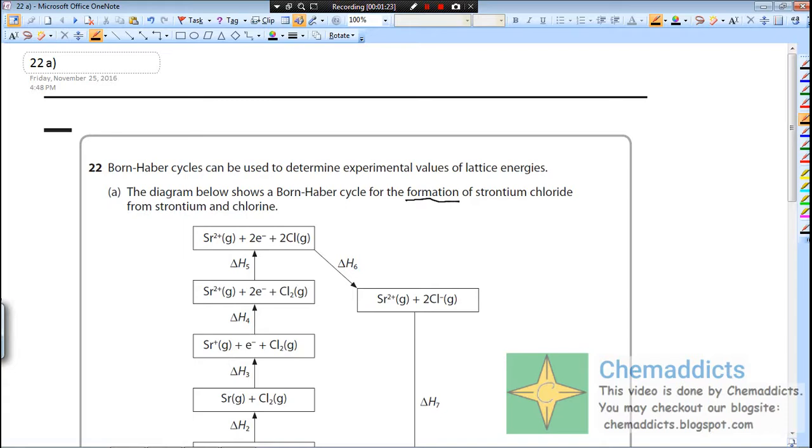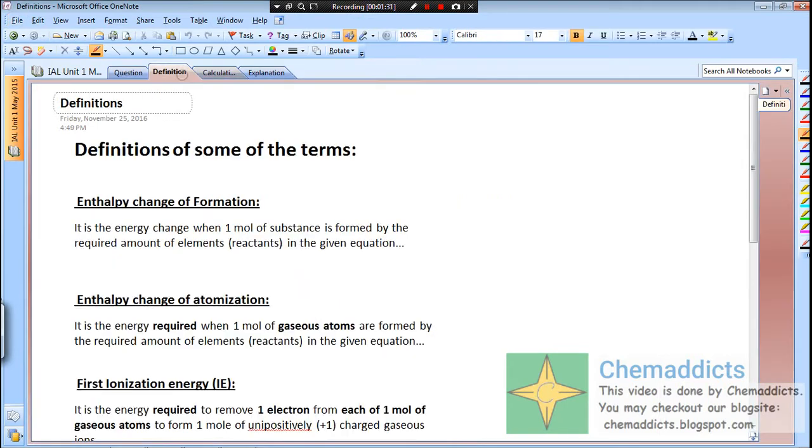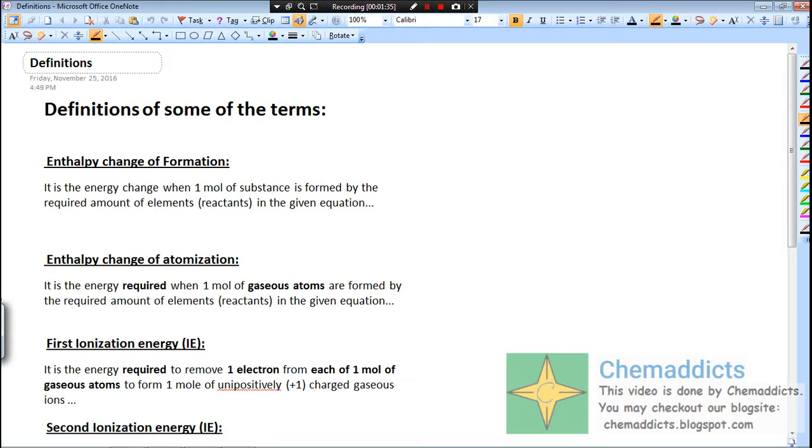Before going to the question, let us recall some of the definitions that we have learned earlier. Here are some of the definitions that we need to know in order to solve this question. At first, let us know what is meant by enthalpy change of formation.